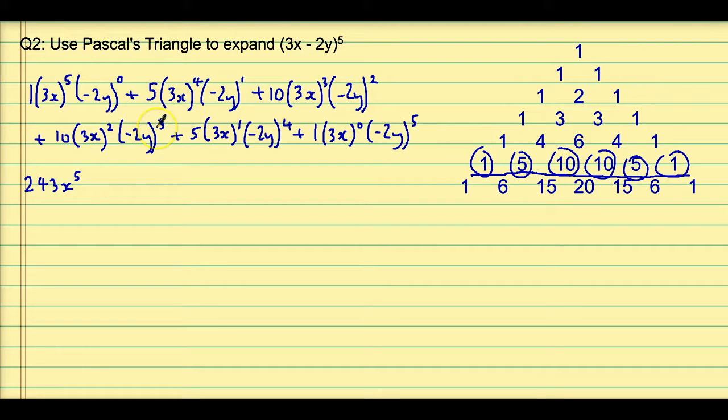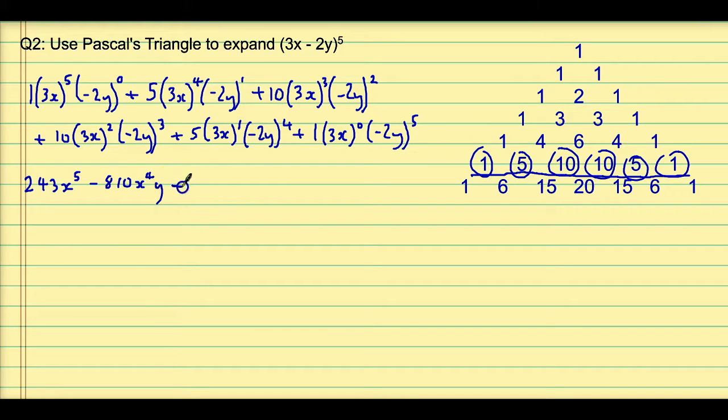If we move on to the next term, we've got 5 times 3x to the 4. 3x to the 4 is 81x to the 4. If we times that by 5, we get 405x to the 4. But then if we multiply that by minus 2 to the 1, then we're going to get negative 810x to the 4 and y to the 1.